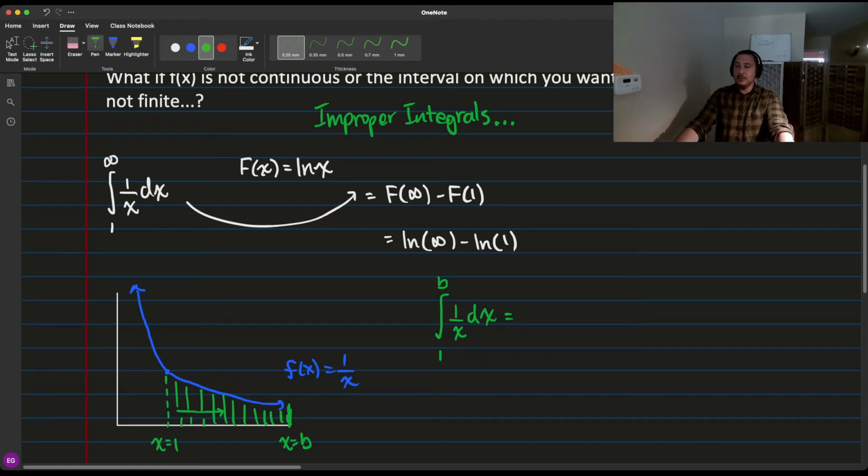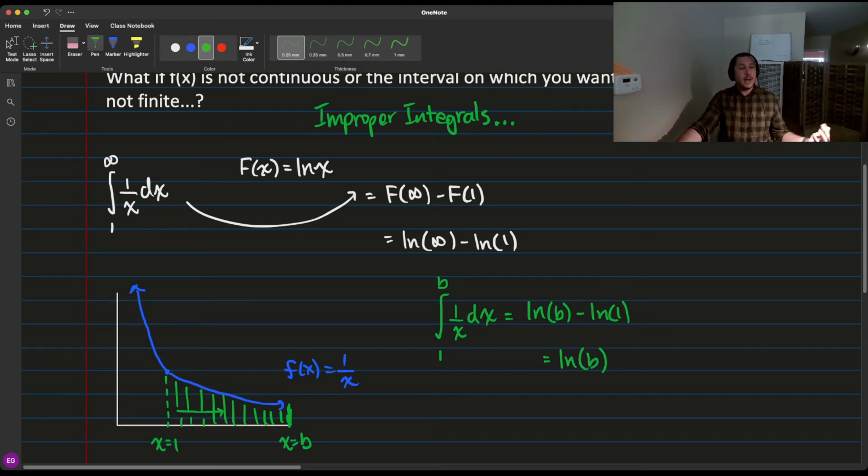Yes, and it would be equal to the natural log of b minus the natural log of 1. Do we all agree with that? What's the natural log of 1? It's 0, right? So you just get the natural log of b.